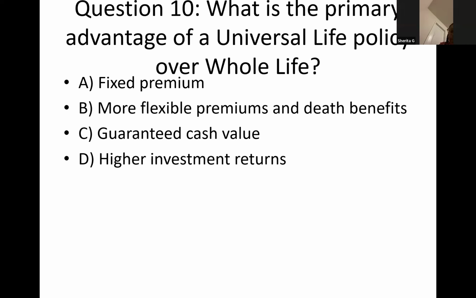Whole life is going to be fixed premium. Universal has flexible premium. They always go together. So don't associate high investment returns with universal life. Universal life always goes with flexible premium. Those two words go together every time.